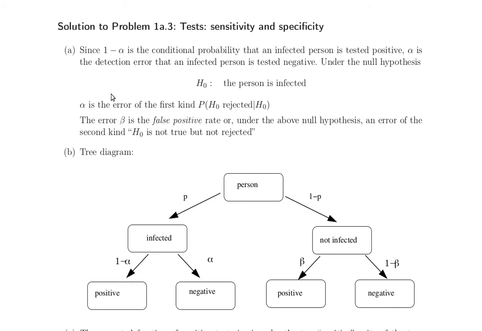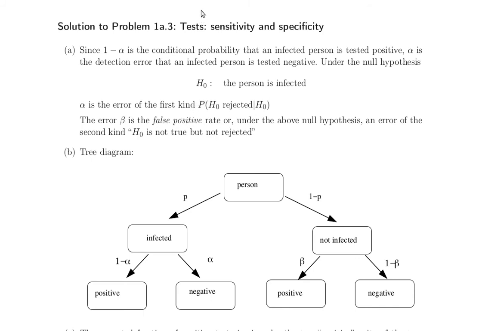That means alpha, the error that a COVID-19 person is not detected as such, is an error of the first kind if the null hypothesis is that the person is infected. And conversely, the beta error, the false positive rate, is the probability that H0 is not rejected under the condition that H0 is false. That is a false positive.